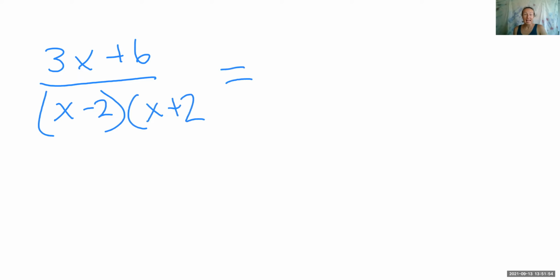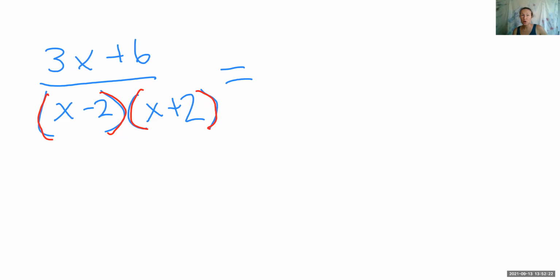Okay. Now, the denominator here is factored and contains two factors. X minus 2 is one of them. X plus 2 is one of them. The numerator is not factored. It contains two separate terms that are being added, right? And so if we want to cancel out anything in the numerator and the denominator, we have to factor that numerator.